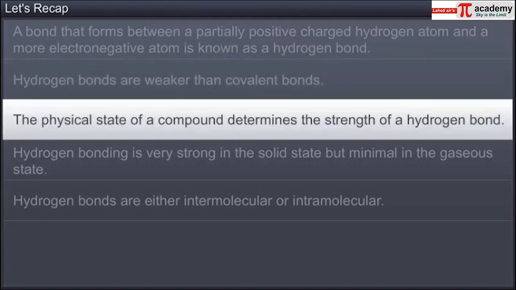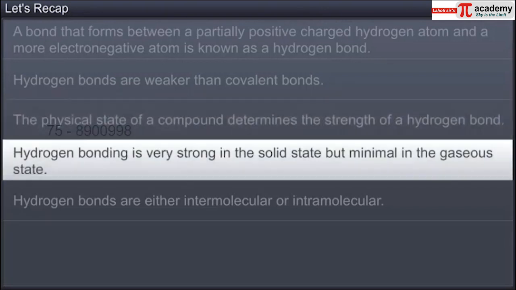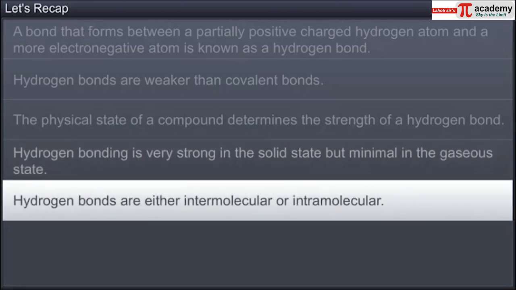The physical state of a compound determines the strength of a hydrogen bond. Hydrogen bonding is very strong in the solid state, but minimal in the gaseous state. Hydrogen bonds are either intermolecular or intramolecular.